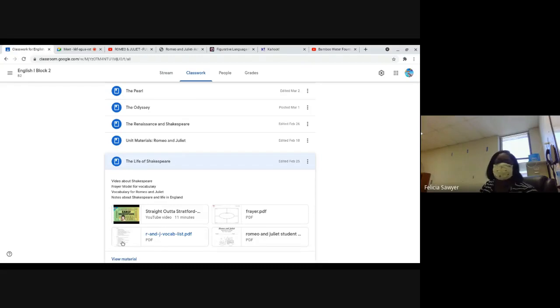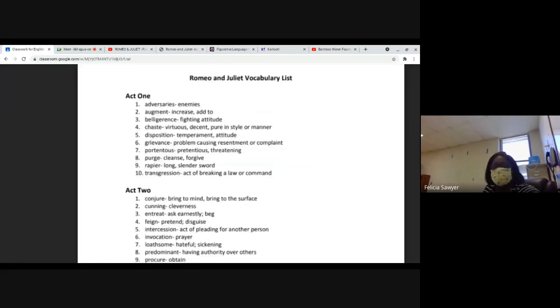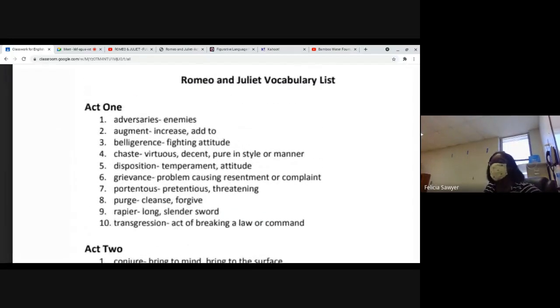So these are the vocabulary words. You need to review the vocabulary words for Act 1 and 2. Right now we're in Act 3.